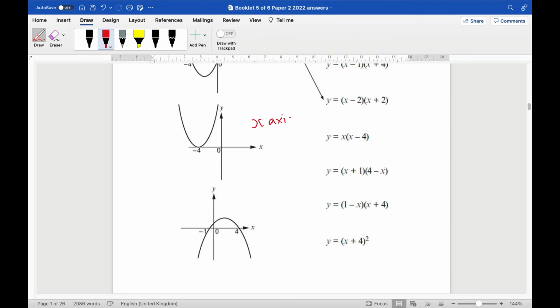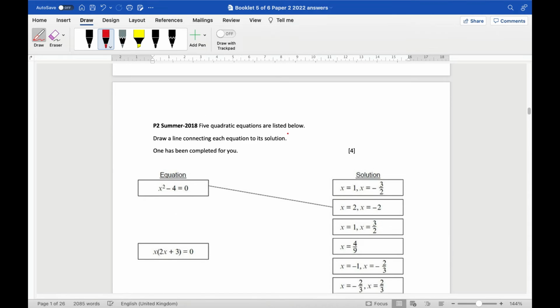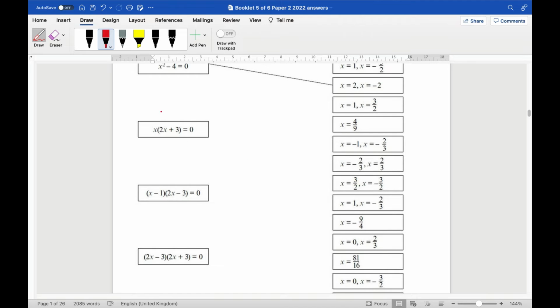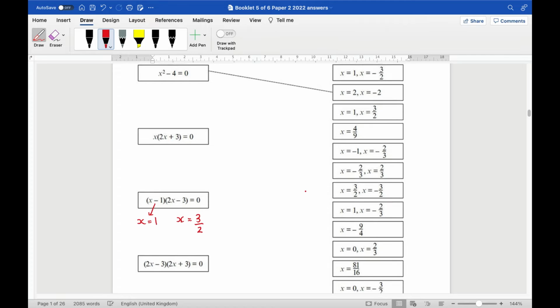Now this is a far more difficult version of this question. So if we look here, for example, okay, what we've got here, start with the easiest one. If I solve this, x minus 1 equals 0, so x equals +1, and here, 2x minus 3 equals 0, so x would equal, take the -3 over as +3 and divide by the 2. If you can find those two answers over here, then we can connect them up.